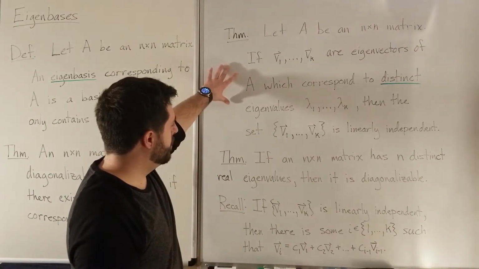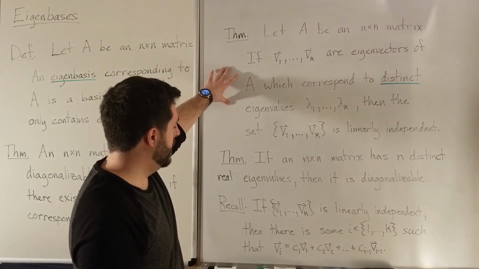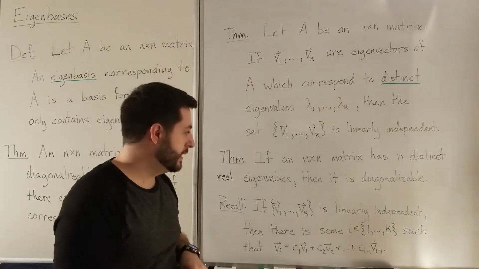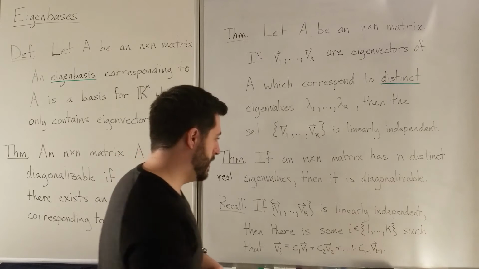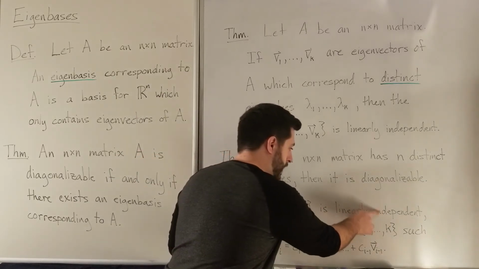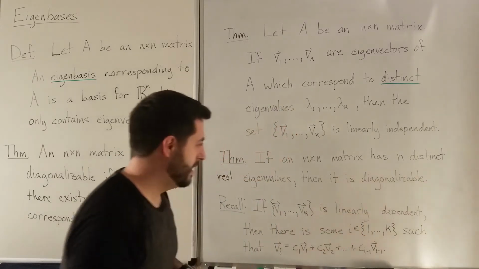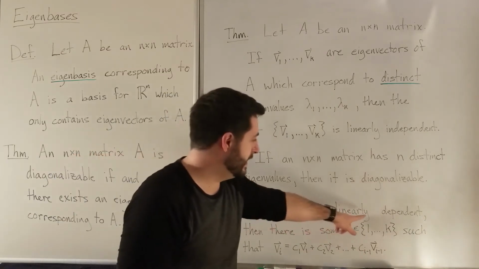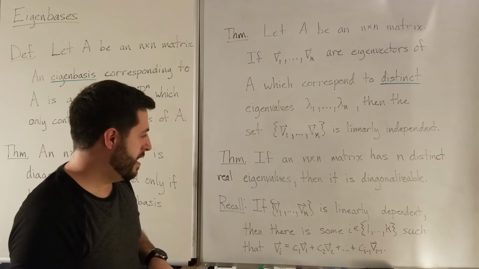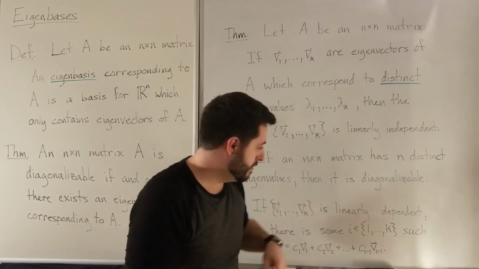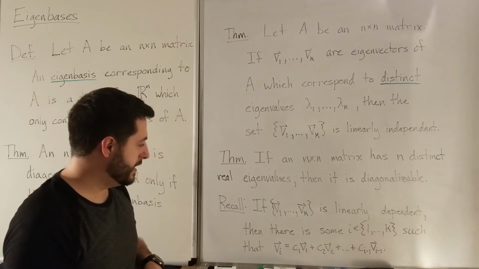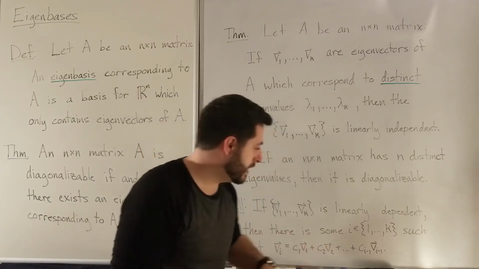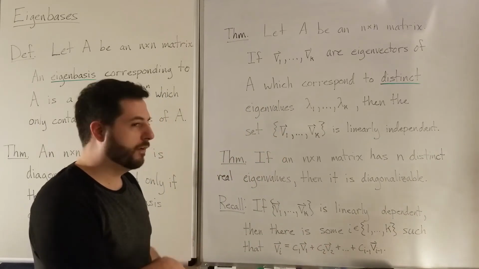So I skipped over the proof of this, and now I'm going to go back to that. But before I get there, we need to recall a fact about linear dependence. And let me just fix this here. I should say dependent. If this set is linearly dependent, then there is some index i such that vi can be written as a linear combination of the vectors that came before it.